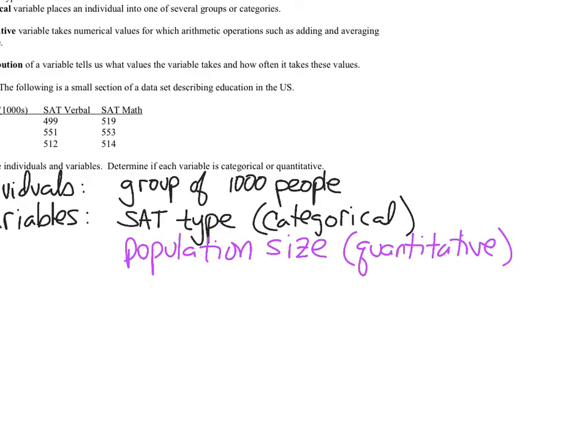I don't know. They tout them as being benchmark exams, but I don't know that a 700 on the math is even comparable to a 700 on the SAT verbal, let alone an 800. So it's apples and oranges. So there's no comparison. Therefore, categorical.